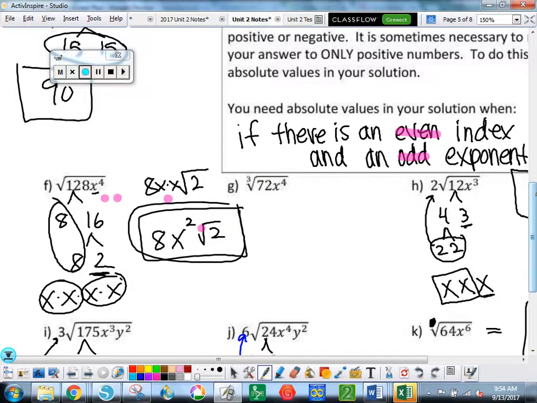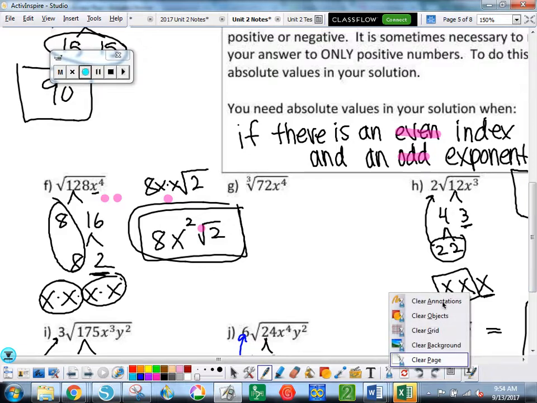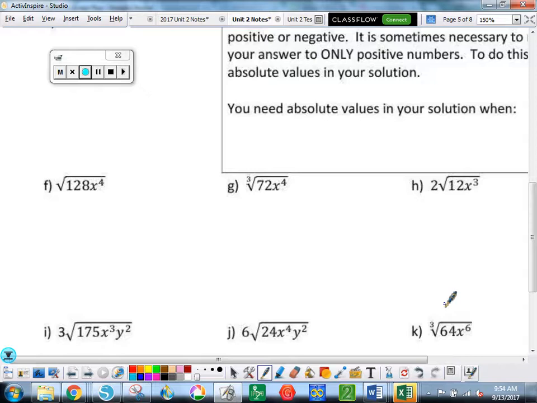This time we're looking for groups of 3. So when we break the 72, I'm going to erase everything because it's looking really cluttery. Is that okay? When we break down the 72, I have 36 and 2, and then I have 2 and 18. Is that right? Did I screw up somewhere? 2 and 9, and then 3 and 3. This time I'm looking for groups of how many?